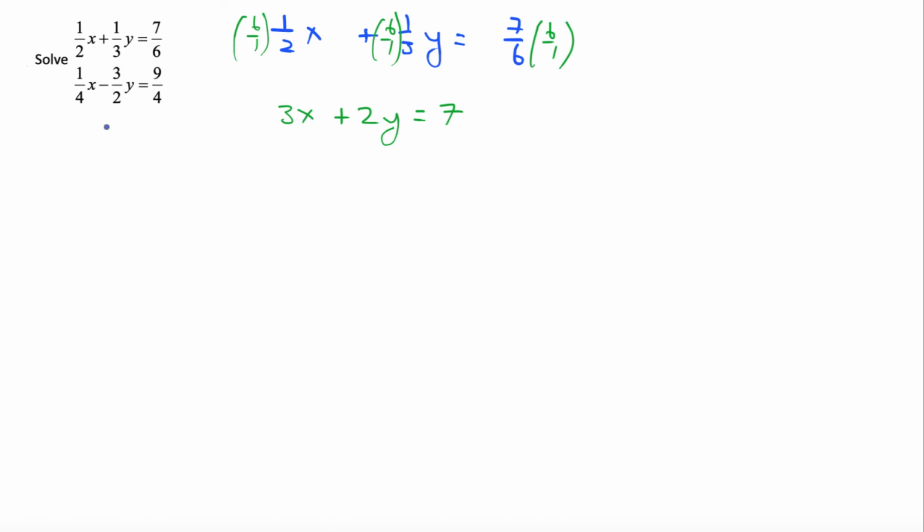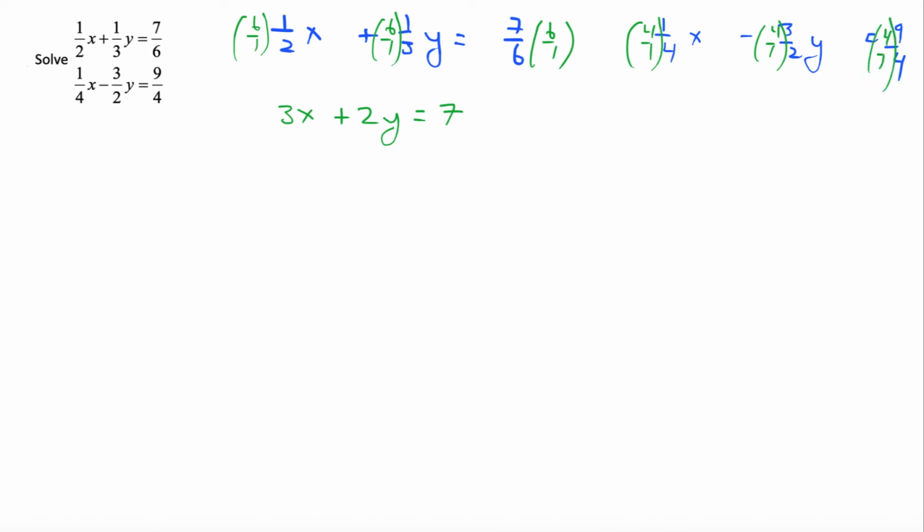And for the second equation, the LCD is 4. So we'll take each term and multiply each term by 4, or once again, we can do that as 4 over 1. So we'll multiply the first term by 4 over 1, 4 over 1 on the second term, and 4 over 1 on the third term.